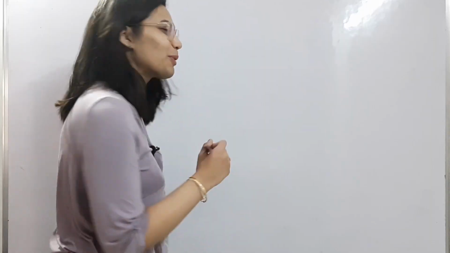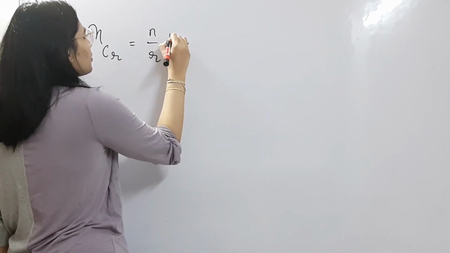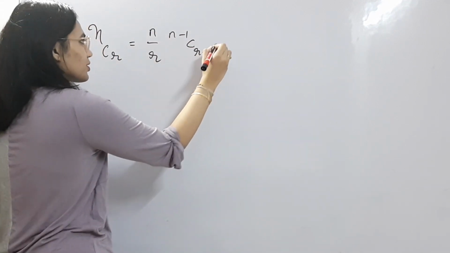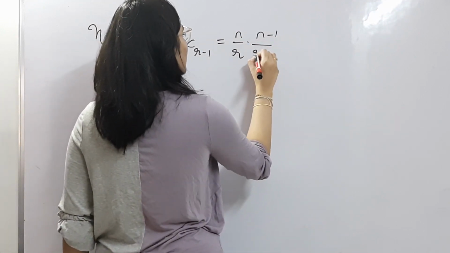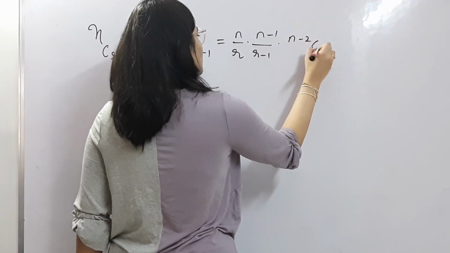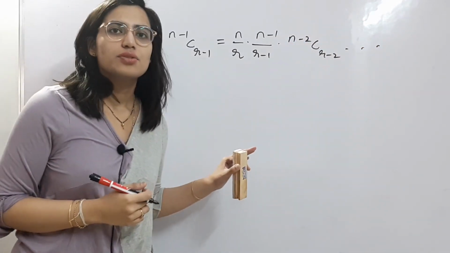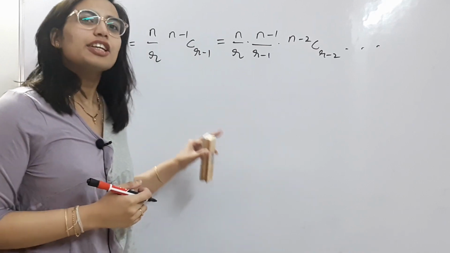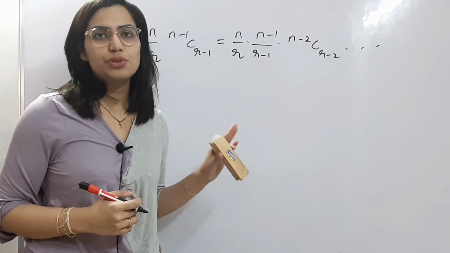Okay, the next property is nCr is equal to n by r into (n minus 1)C(r minus 1), which can also be written as n by r into (n minus 1) by (r minus 1) into (n minus 2)C(r minus 2), and so on. This property is not a hard and fast rule for you to remember, but if you understand how to apply it, then it will be very easy for you to solve problems.